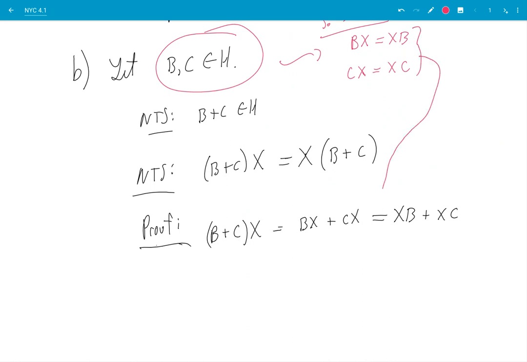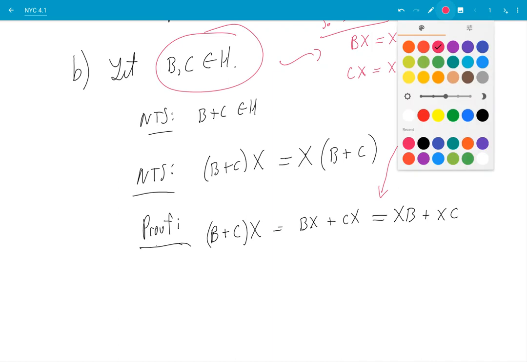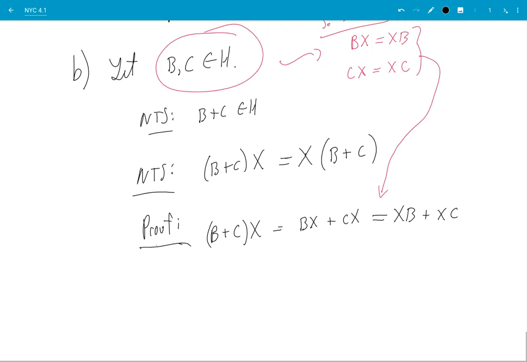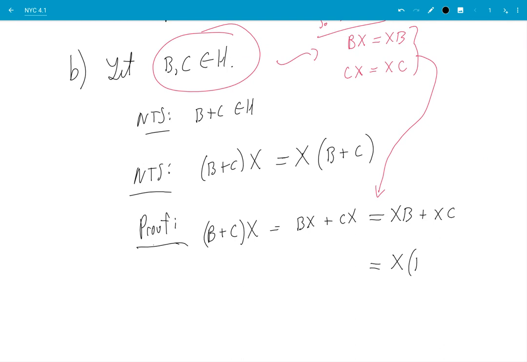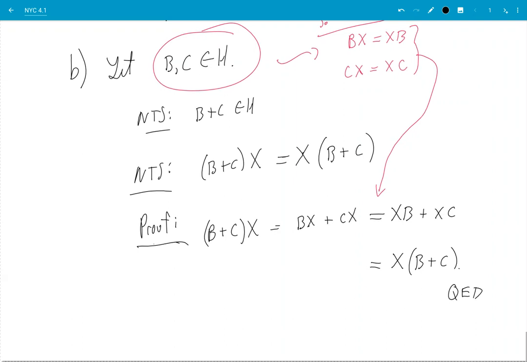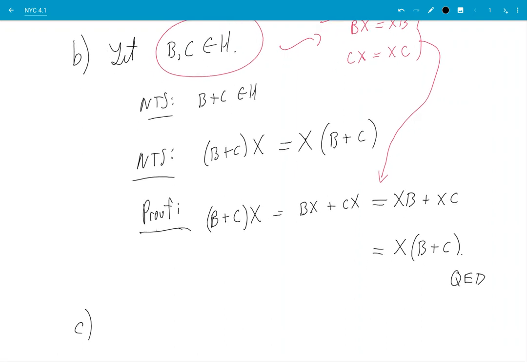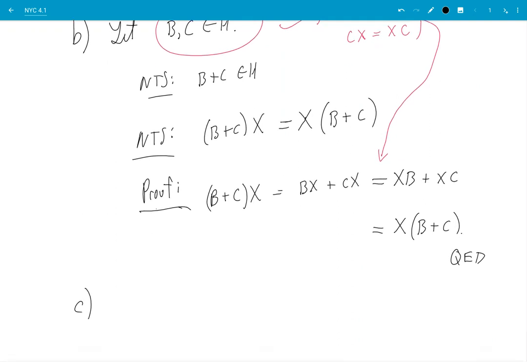This is getting a bit crazy here, but I think it's okay still. Okay, so BX can be replaced with XB, and CX can be replaced with XC. And then I am happy. Okay, so that's part B.